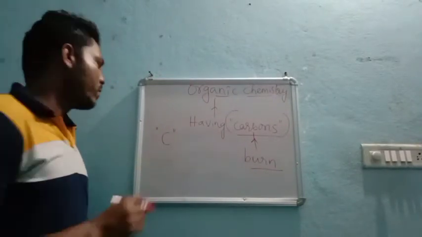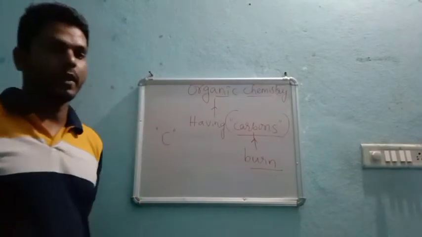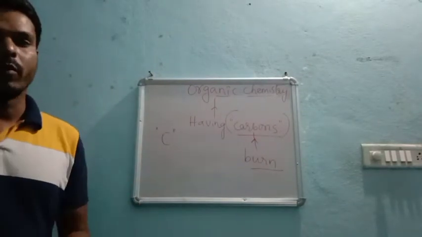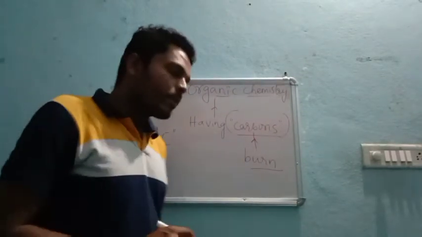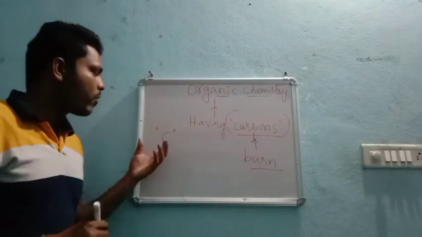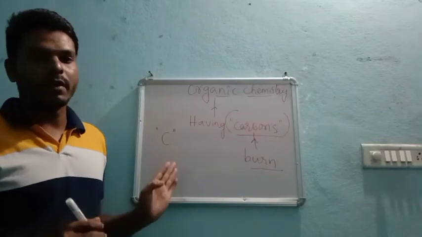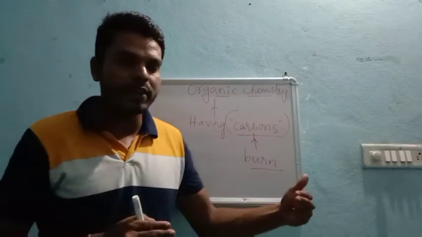So before going into organic chemistry, we will see some basic idea about carbon. Carbon is a very important element present in the periodic table, whose serial number is 6.